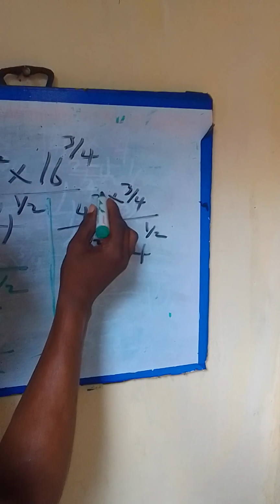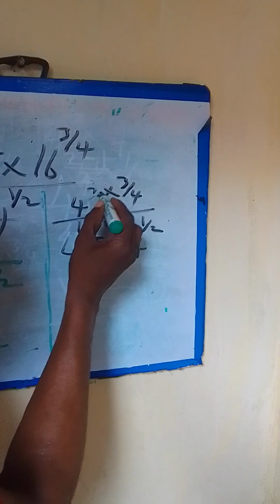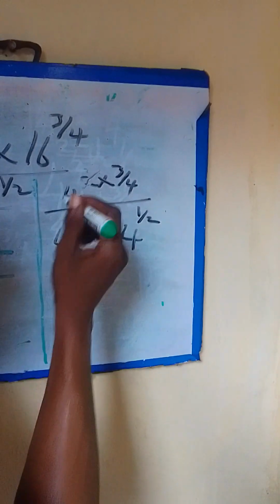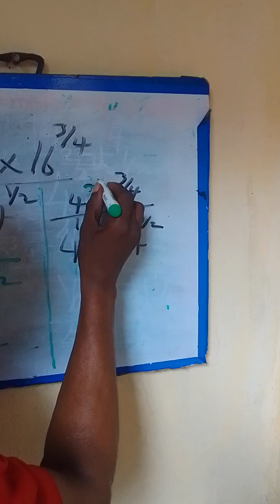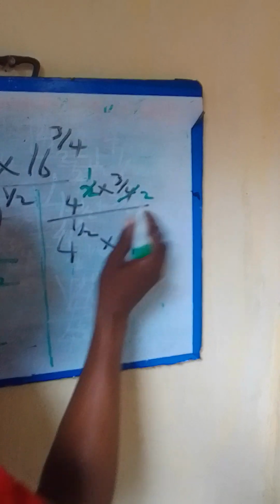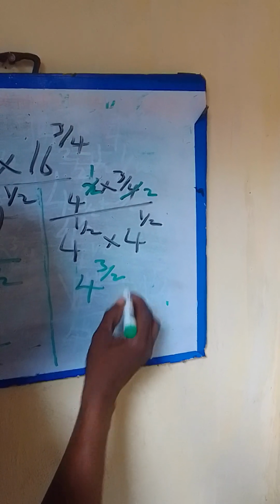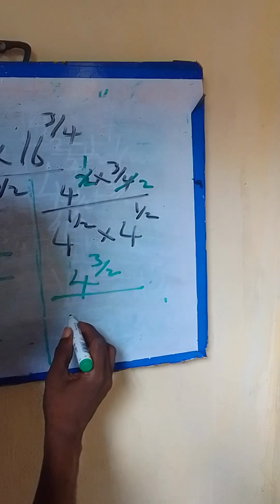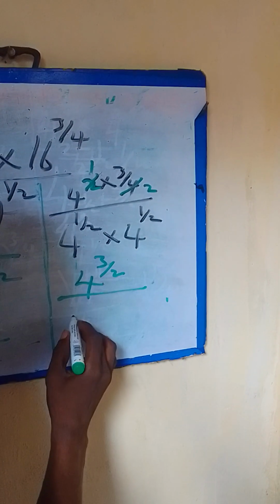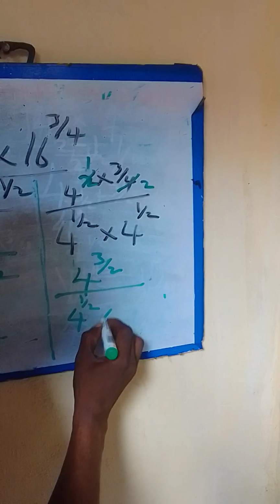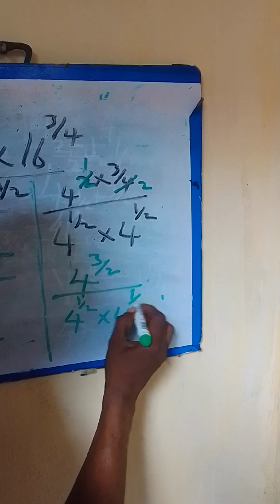Now this is the same thing as saying 2 into 4, 2 here 1 time, 2 here 1 time into 4 2 times. So you are left with 4 raised to power 3 all over 2, divided by 4 raised to power 1 all over 2 times 4 raised to power 1 all over 2.